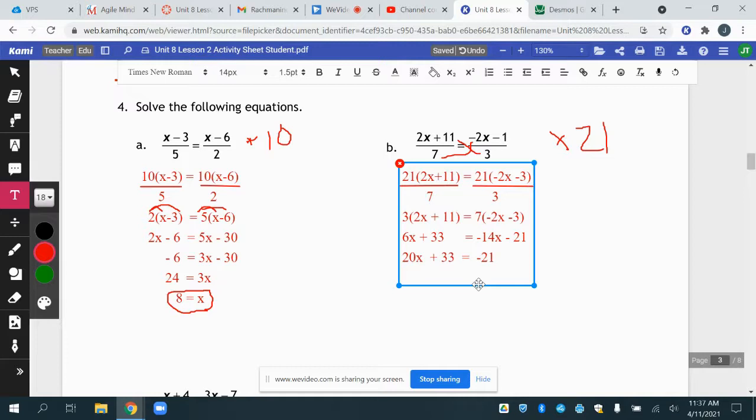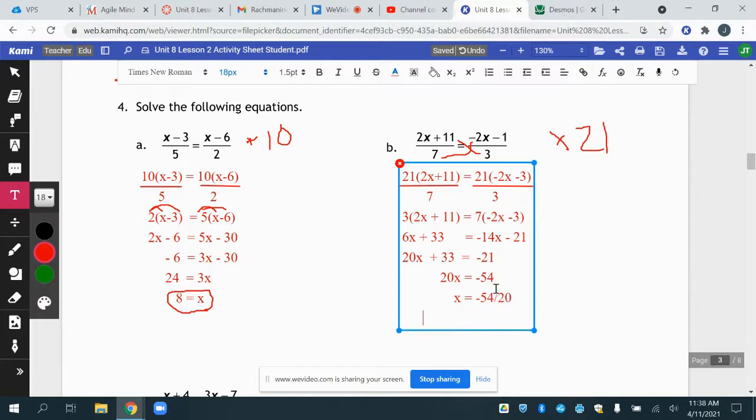This has an ugly answer. So I take away 33 and I end up with just the 20x on this side. The 20x equals negative 54. Ugh, that's ugly. I divide by 20 and I get that x equals negative 54 divided by 20.